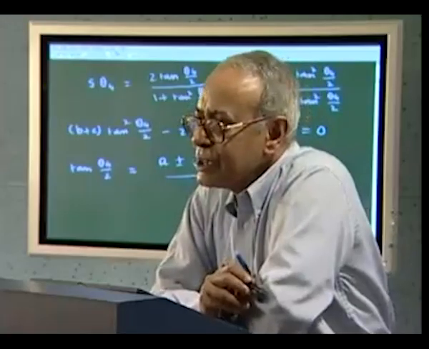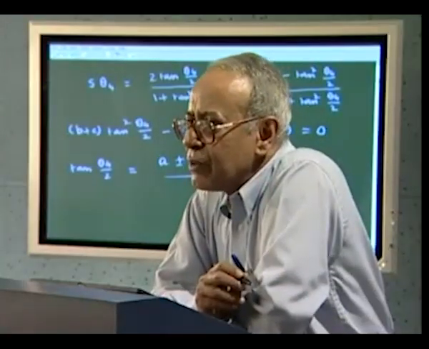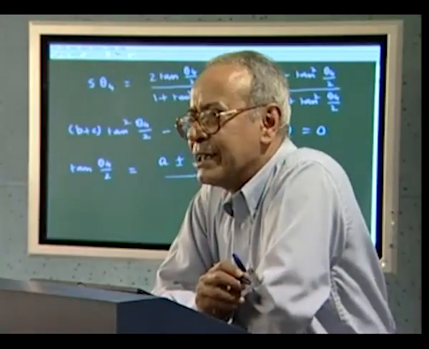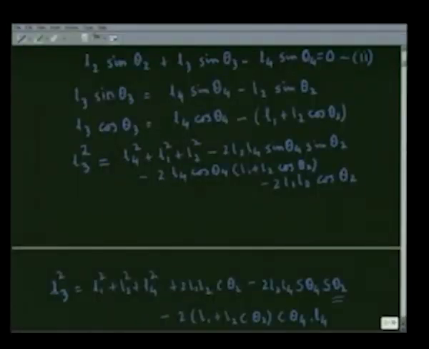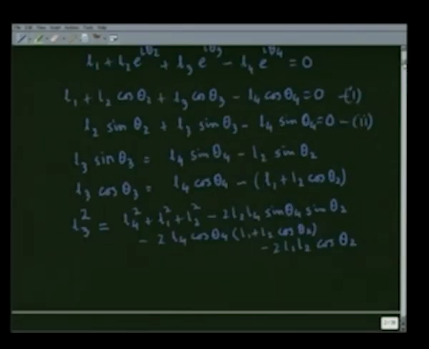Suppose we are also interested in finding the orientation of the coupler, that is the angle theta 3. Then, if we look at these two equations, we see L3 and L4 are appearing exactly the same way, only L3 is appearing on the left hand side and L4 is appearing on the right hand side. It is even more clear if we look at these equations number 1 and 2.